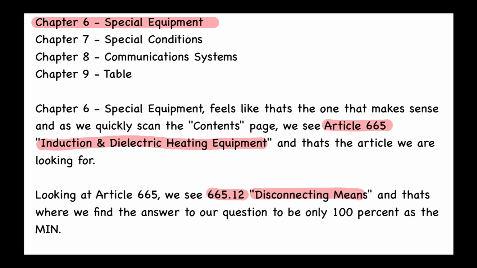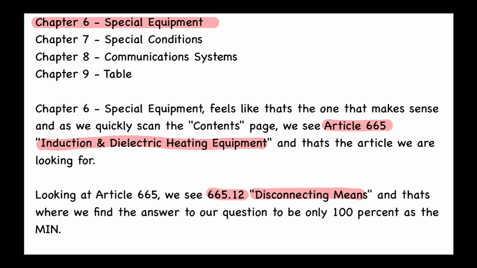Then it goes on to talk about motor generator equipment, that we need to comply with Article 430, Part 9. It also says the supply circuit disconnecting means shall be permitted to serve as the heating equipment disconnecting means where only one heating equipment is supplied.